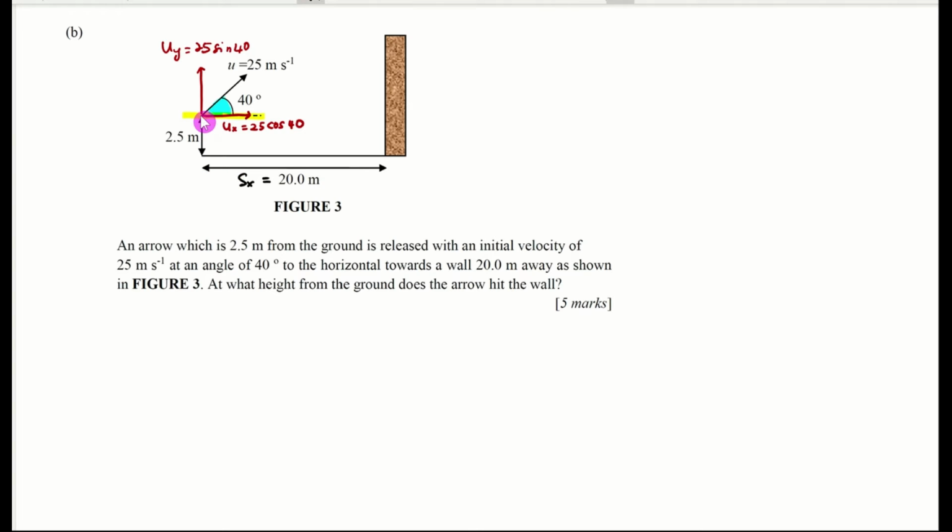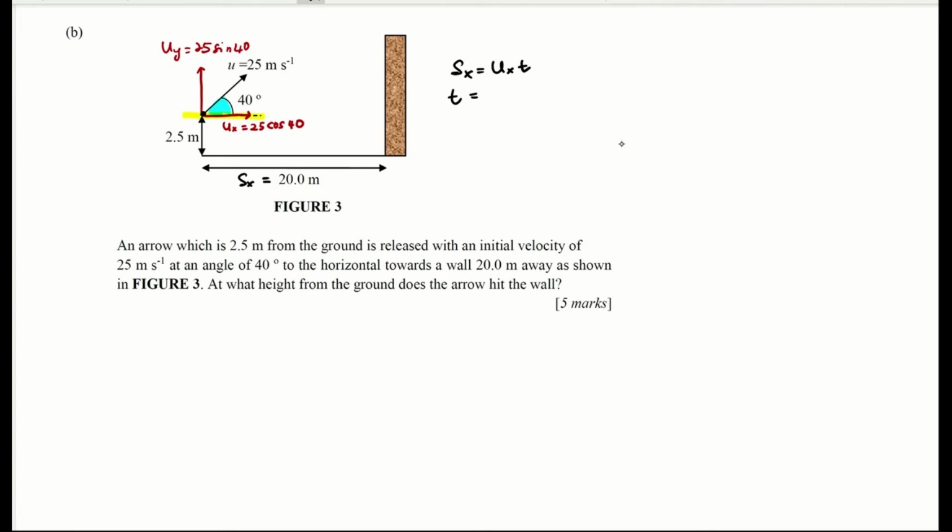Jadi kita nak tahulah daripada sini. Okay, dan dia akan sampai dekat sini where the horizontal displacement is 20 meter. So daripada maklumat horizontal displacement, actually we can find, okay, what is the time taken, masa yang diambil untuk arrow itu sampai dekat wall tadi daripada launching point.